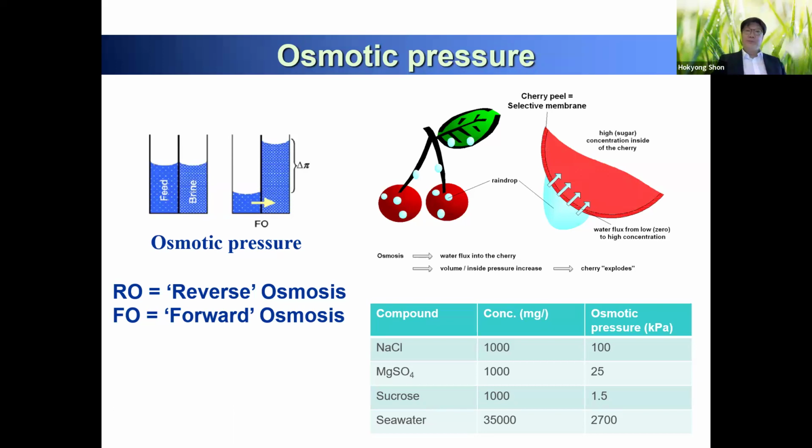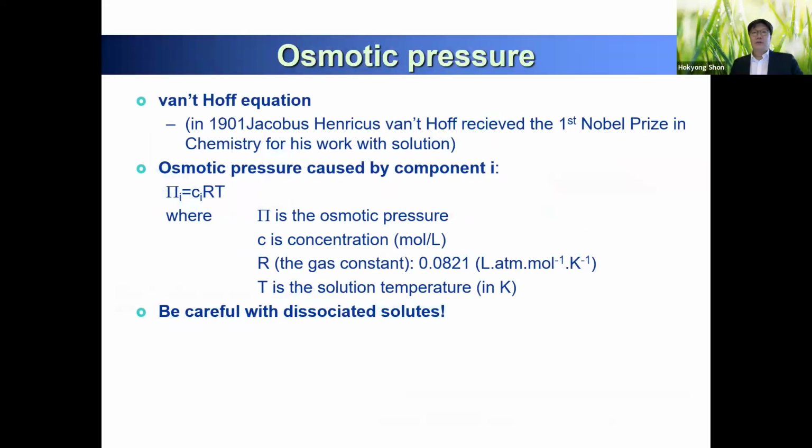We need to think about the osmotic pressure. This was the first Nobel Prize in chemistry. Van't Hoff developed this equation in 1901 for osmotic pressure calculation.